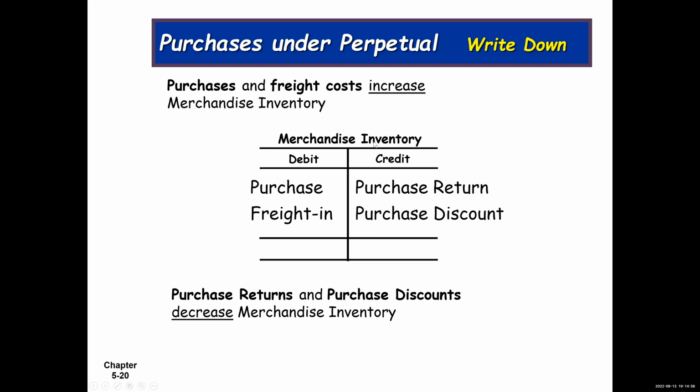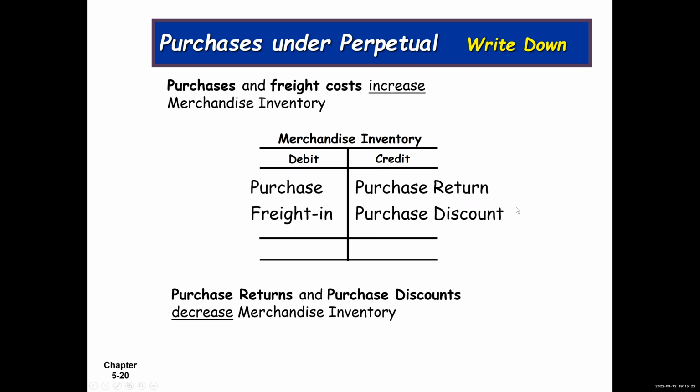So you're going to increase merchandise inventory here by 100. But then when you pay it within the discount period, you get maybe like 1% off. So you get a $10 discount. Well, if you get a $10 discount, that merchandise didn't cost you as much as you thought. So you're going to reduce the amount of that inventory cost, right? You're going to credit the merchandise inventory by that discount amount.